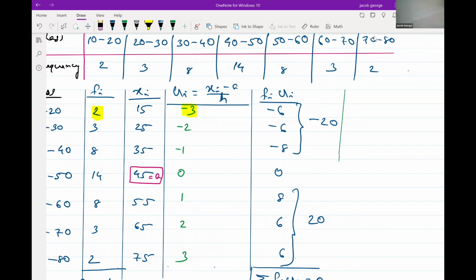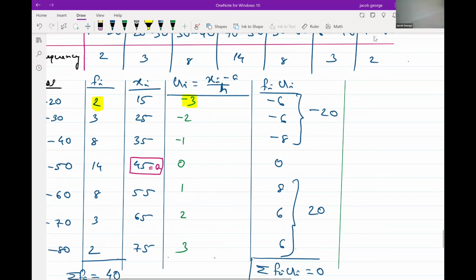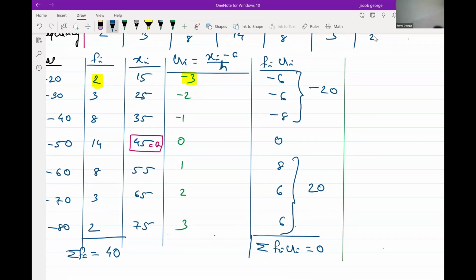Modulus xi minus x bar is equal to modulus 15 minus 45. What is modulus 15 minus 45? 30. Okay. Next, 25 minus 45: modulus 25 minus 45 is 20.